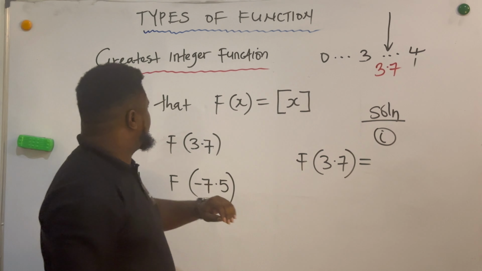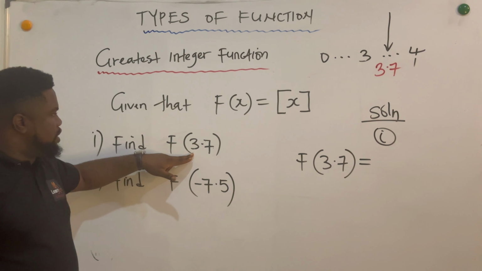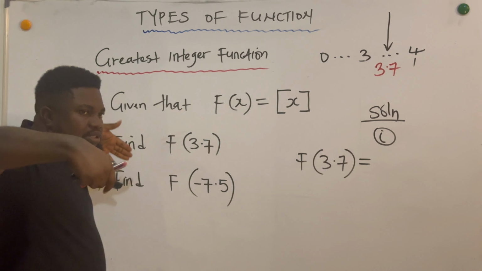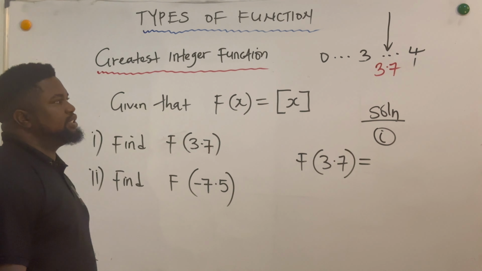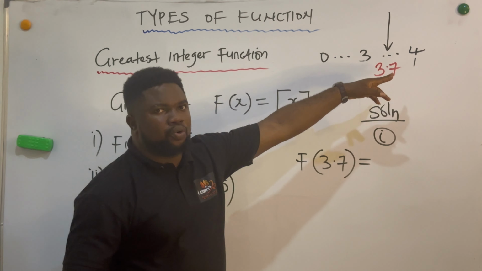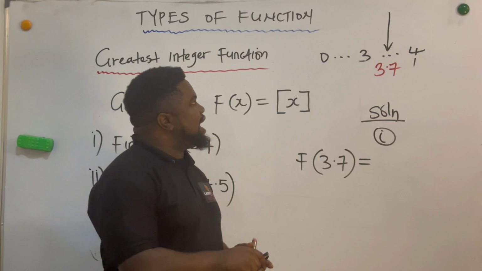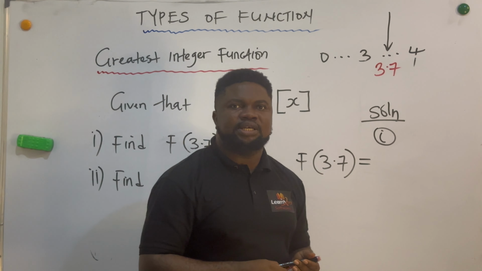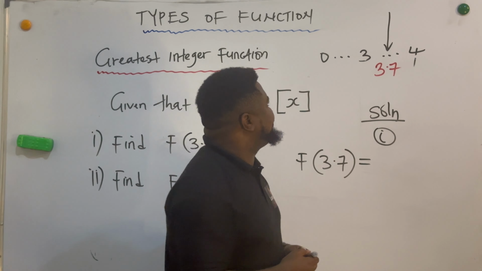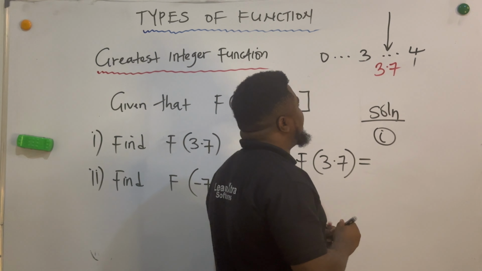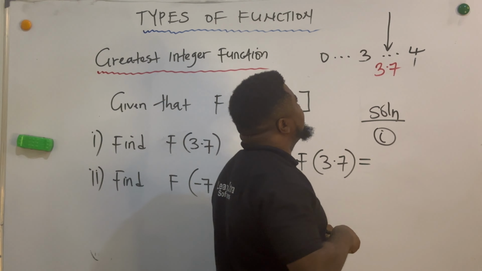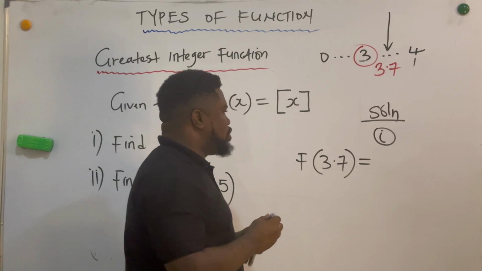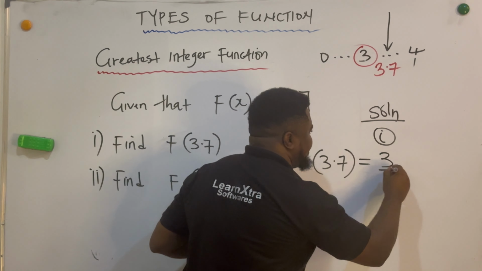First of all, you find the two integers, you can see 3.7 within them, in between them, and that is 3 and 4. Once you have gotten that, ask yourself, 3 and 4, which one is smaller? I think it's 3. The smaller one is your greatest integer value.